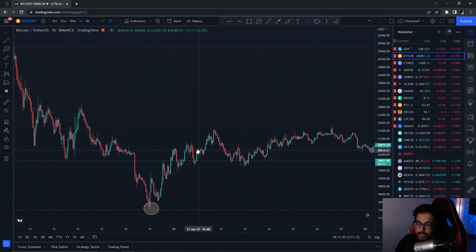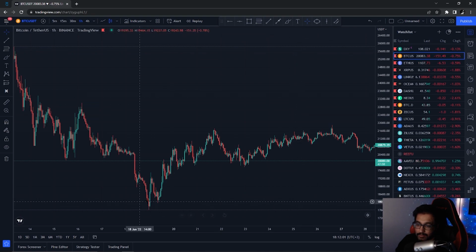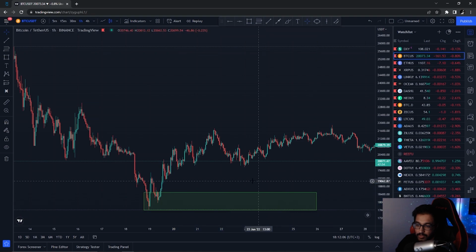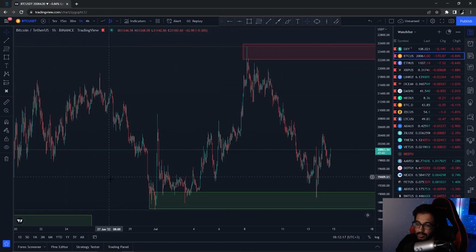Now, before this reversal, where was the lowest point of the swing where the market reversed from? Where was the last selling pressure? It's right here. So what I am going to do is take into consideration this last bullish candle, and I will extend it into the future.